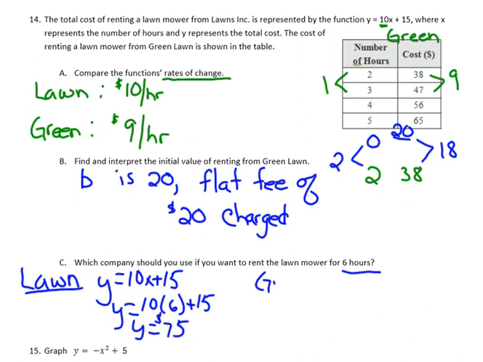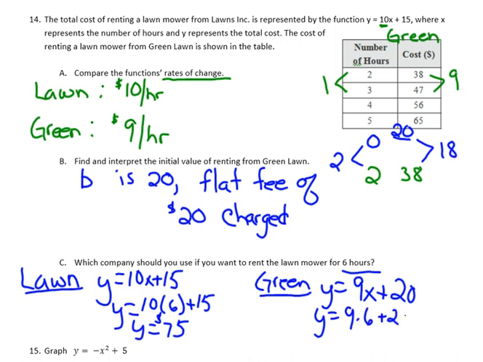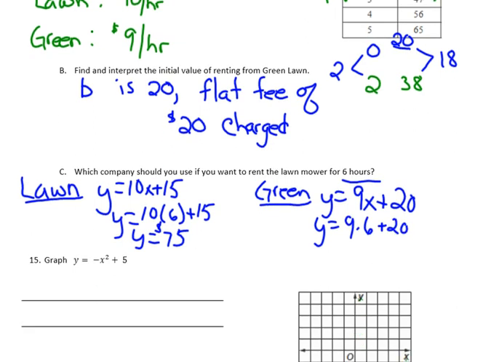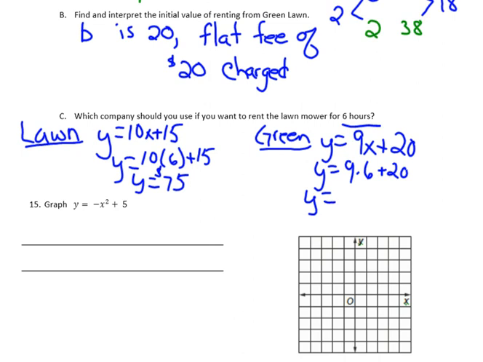And for green, I know now my equation is y equals 9x plus 20. So 9 times 6 plus 20, move this up a little bit, sorry, is going to give me 74.